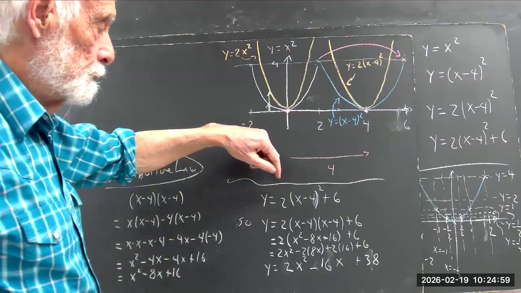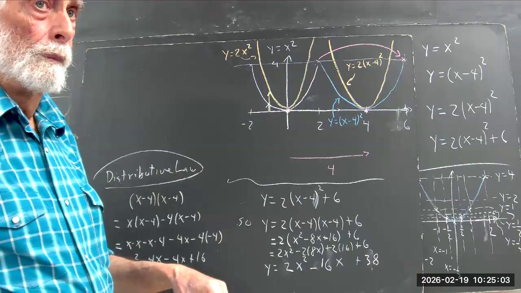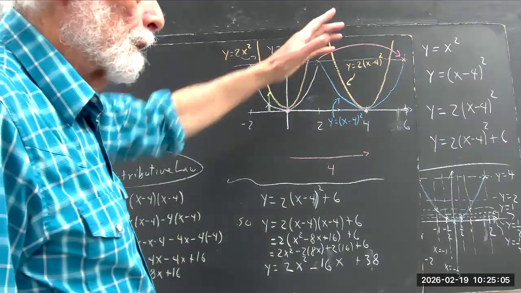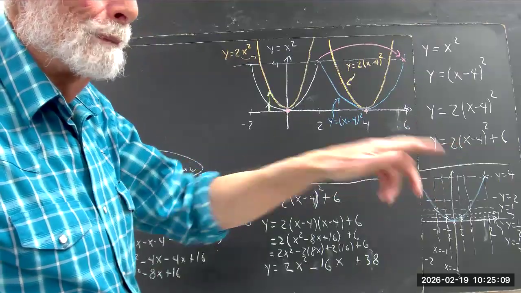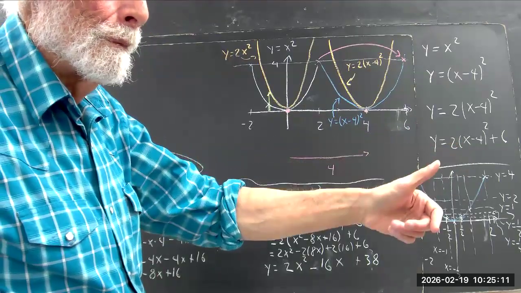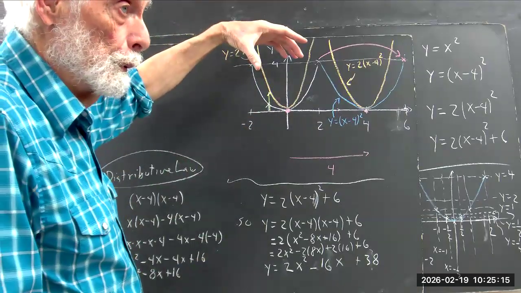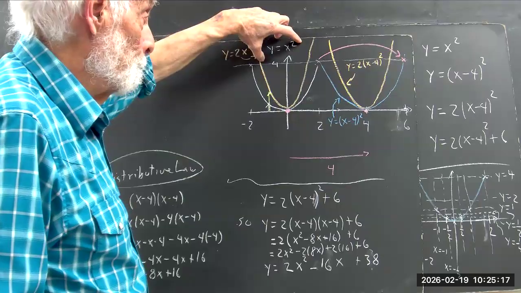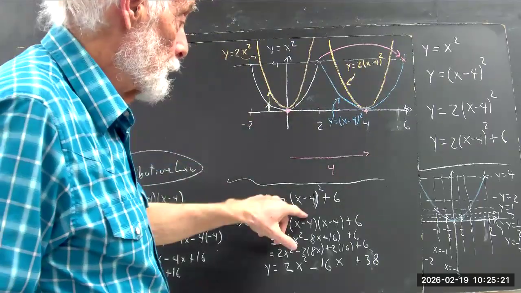So the function that we get when we take the x squared function, shift it 4 units in the horizontal direction, positive 4 units. Well, first, we vertically stretch it by a factor of 2, like I've shown. Then we shift that 4 units to the right.